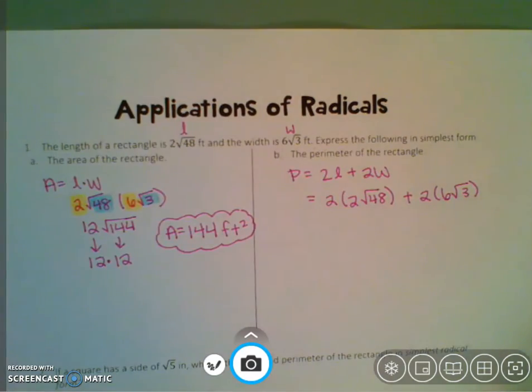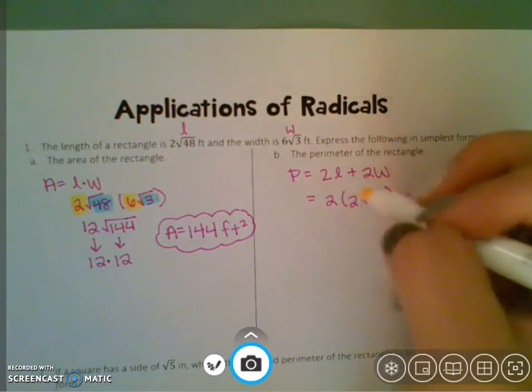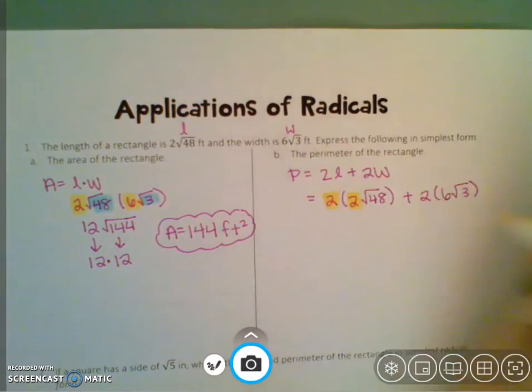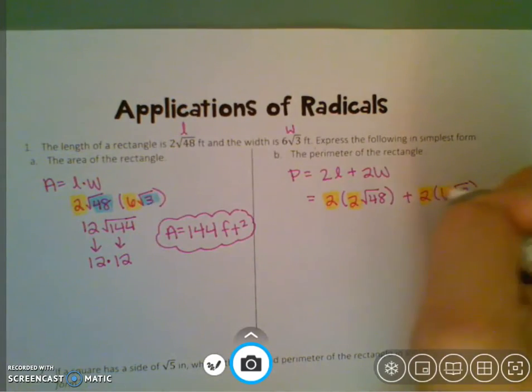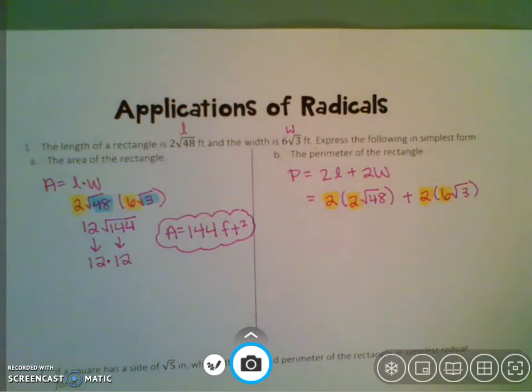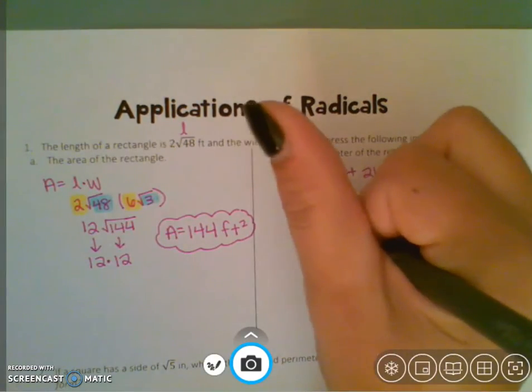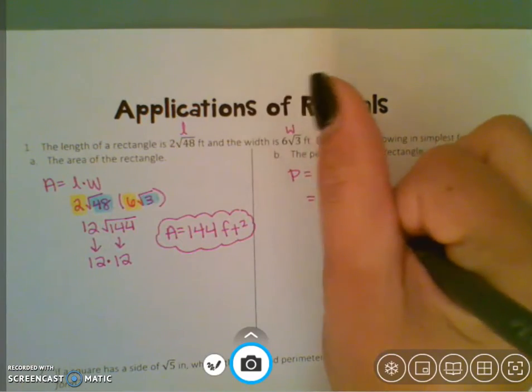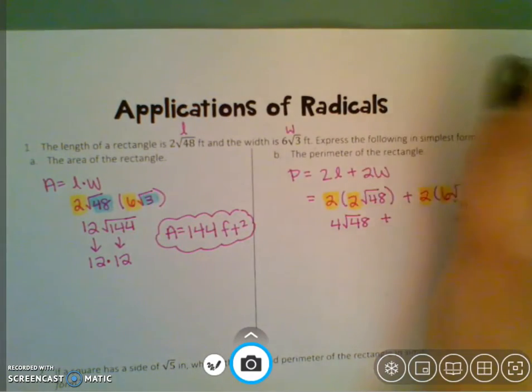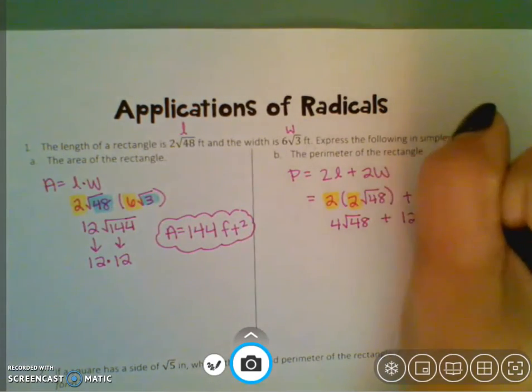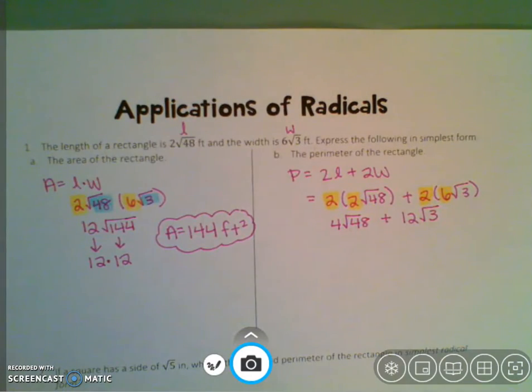So again, you can only multiply numbers that are both outside. So this one and this one both don't have a root, and same thing with those. So 2 times 2 is 4 square root of 48 plus 2 times 6 is 12 square root of 3.